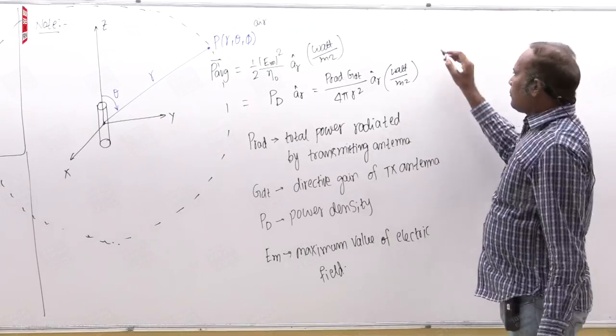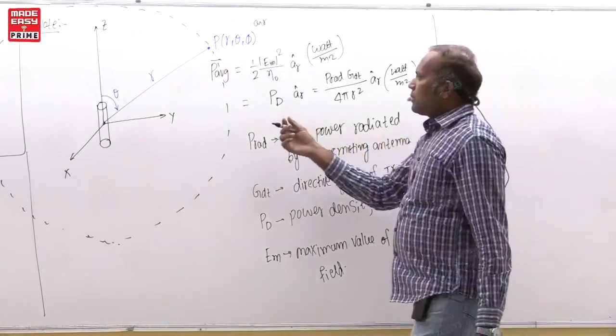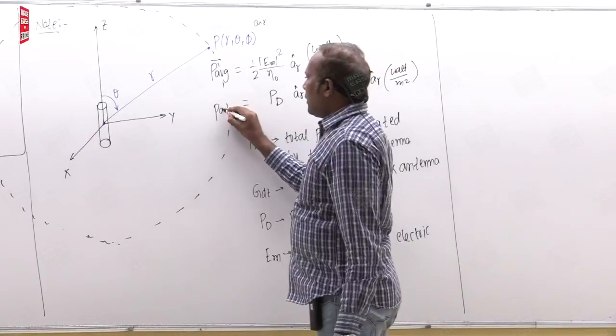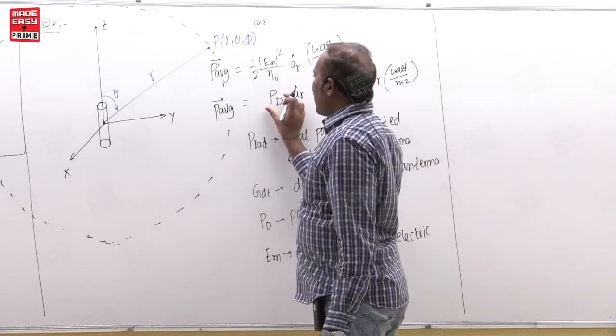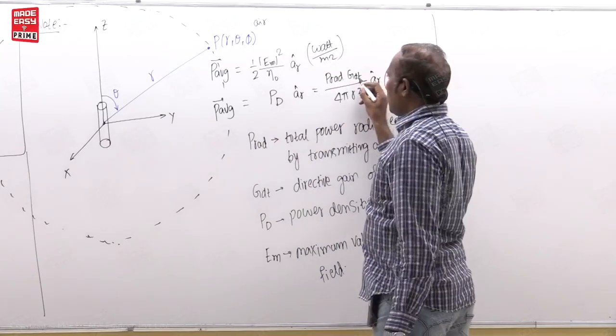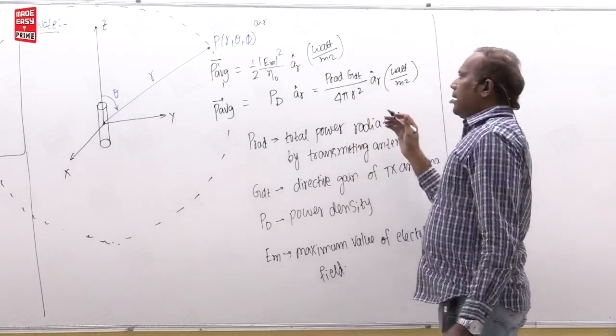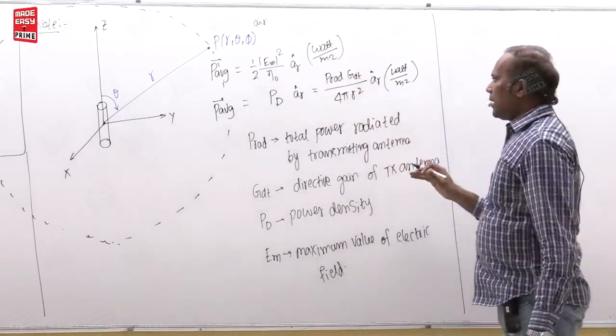Okay. Now here we are about to get one formula. The average Poynting vector in terms of power density is also written as power radiated into directive gain of the transmitting antenna divided by 4 pi r square, and you equate both of them, then you get the relation.